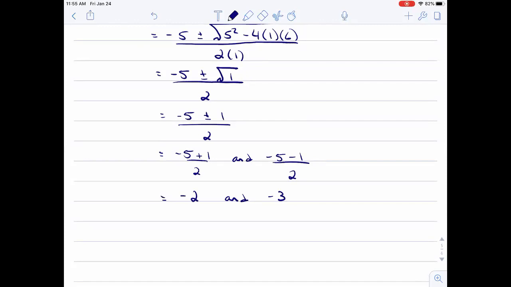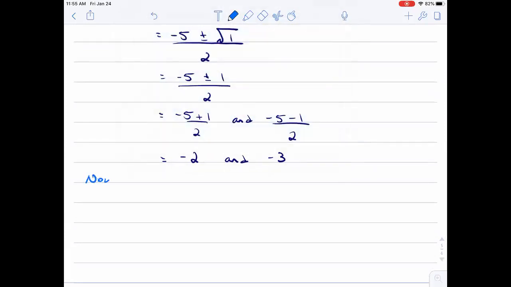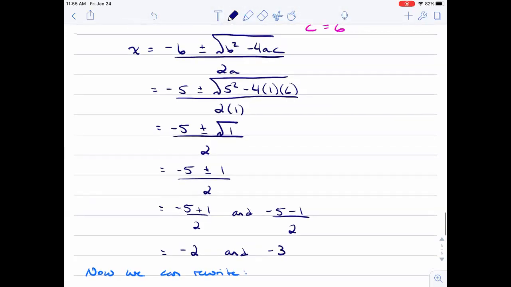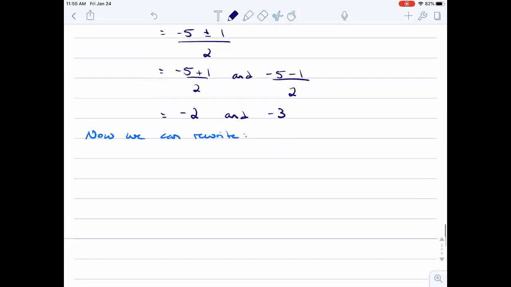This is useful, because now we can rewrite our original x squared plus 5x plus 6. x squared plus 5x plus 6 is the same as, well, what it's saying is that when x is negative 2, the thing is going to be 0.